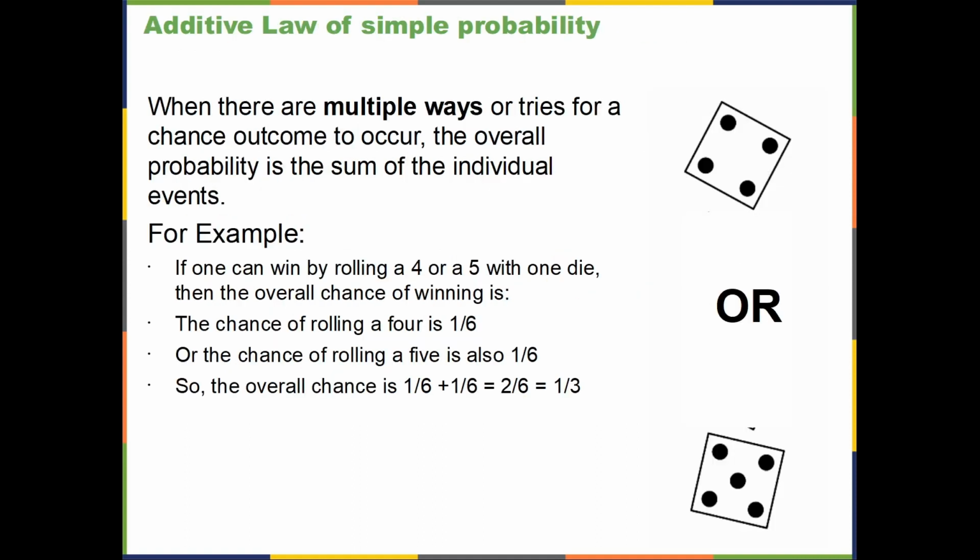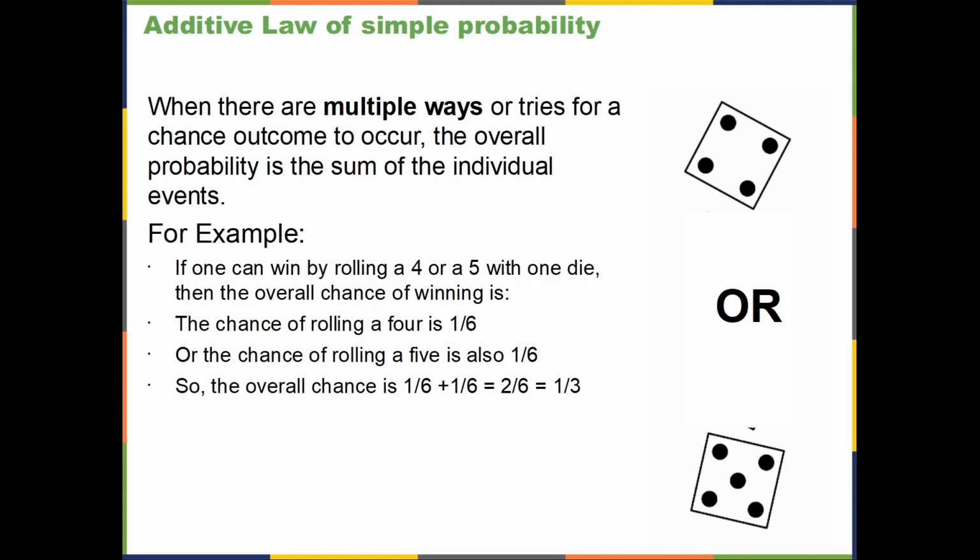All right, the additive law of simple probability. When there are multiple ways or tries for a chance outcome to occur, the overall probability is the sum of the individual events. So an example, if one can win by rolling a 4 or a 5 with one die, then the overall chance of winning is them combined, right?